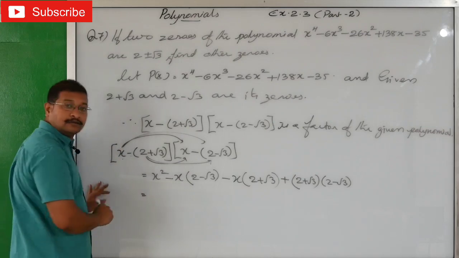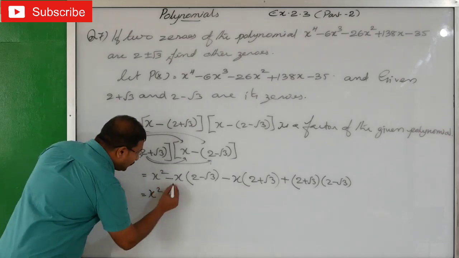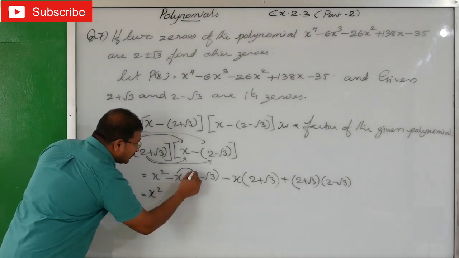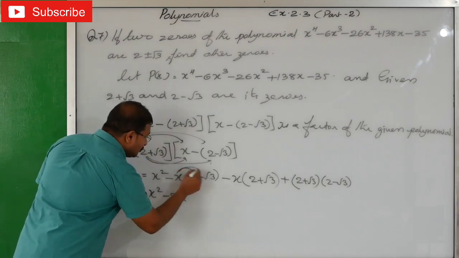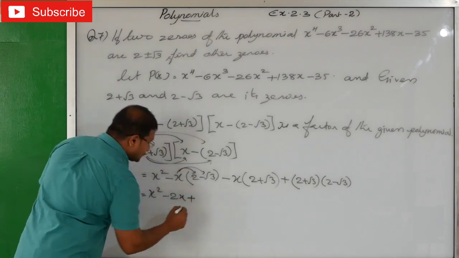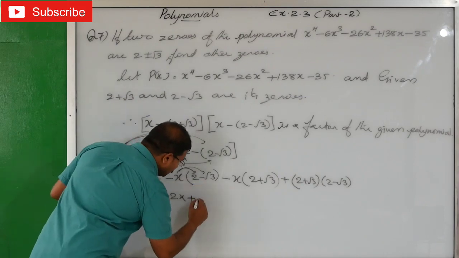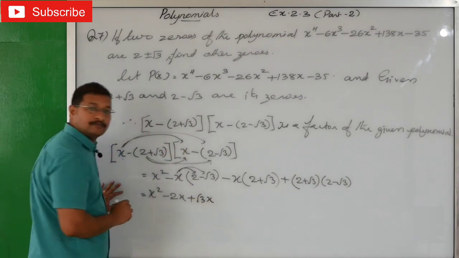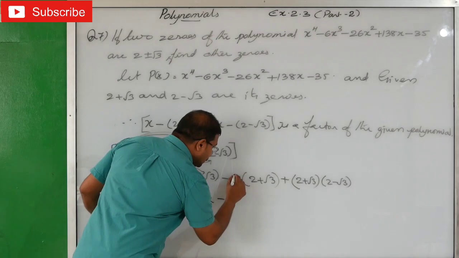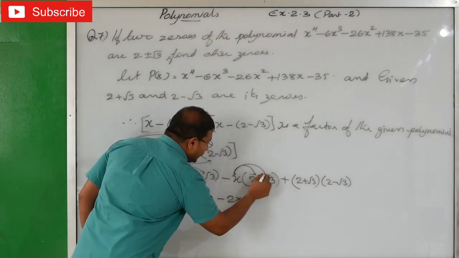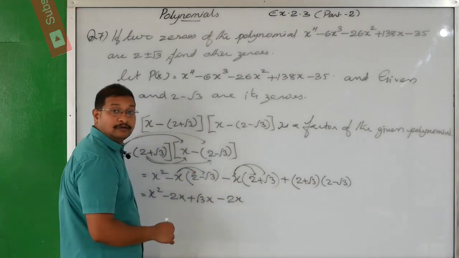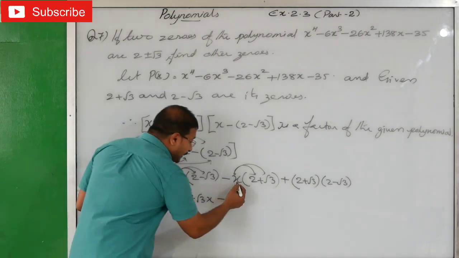This equals x square, will open the bracket now, minus x into 2, minus 2x. Now, minus into minus, plus root 3 into x, root 3x, minus x into 2, minus 2x, again minus x into plus root 3. That means what you will get?